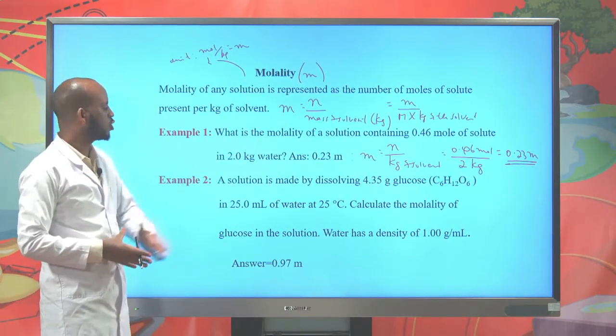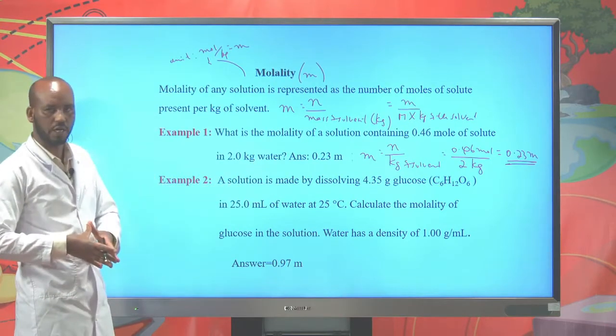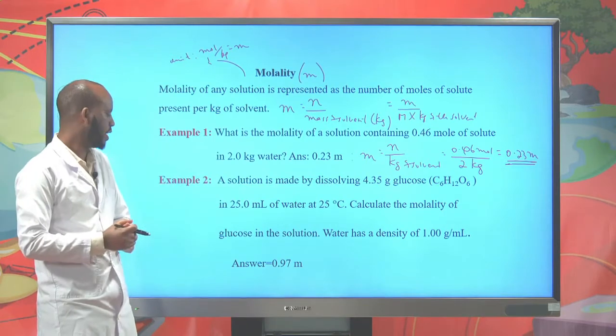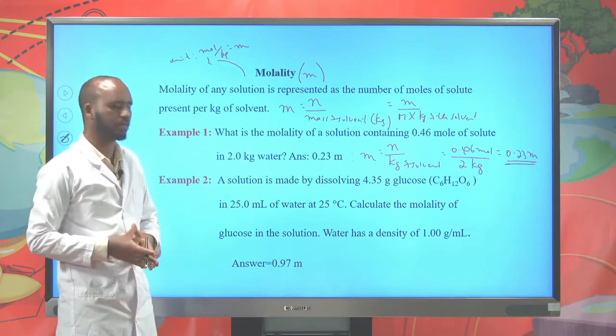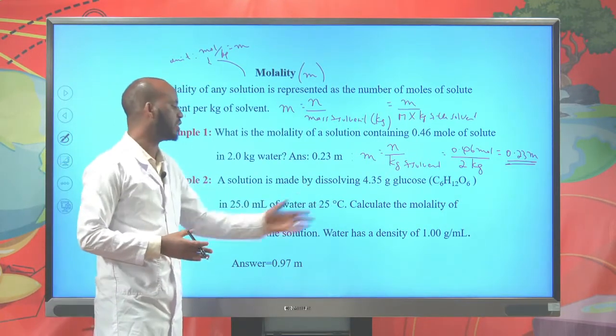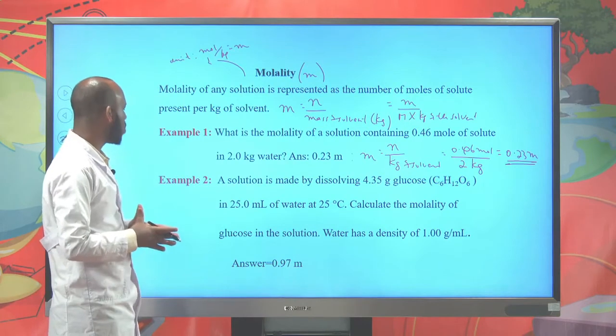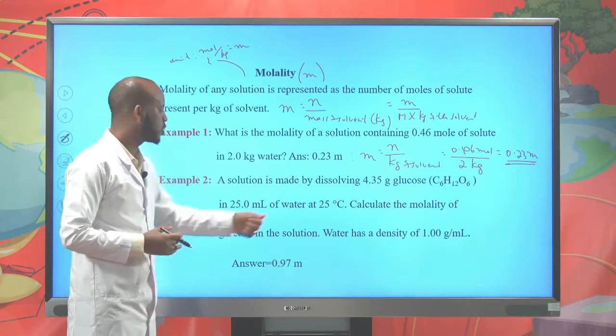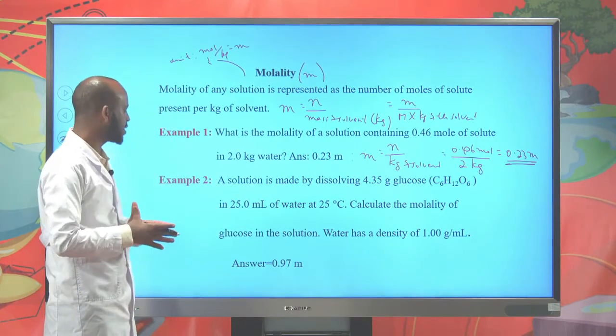Example 2. A solution is made by dissolving 4.35 gram of glucose in 25 milliliters of water at 25 degrees centigrade. Calculate the molality of glucose in the solution. Water has a density of 1 gram per milliliter.